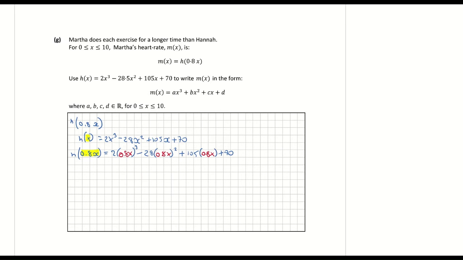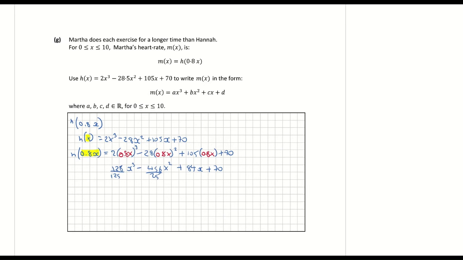And working that out on my calculator, I'm getting 128 over 125x cubed minus 456 over 25x squared plus 84x plus my constant of 70.